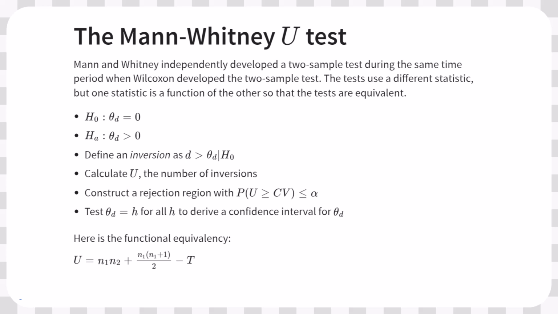In the Wilcoxon test, we used a capital T for the test statistic. So the Mann-Whitney U can be found by taking this formula and plugging in a T and the sample sizes if we know the T for the Wilcoxon test. And since you know how to do the Wilcoxon test, that's the approach I'm going to take here.